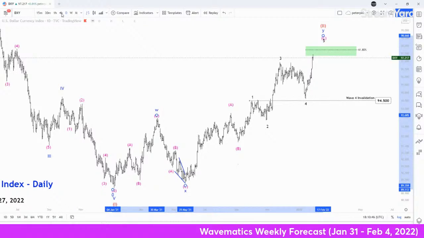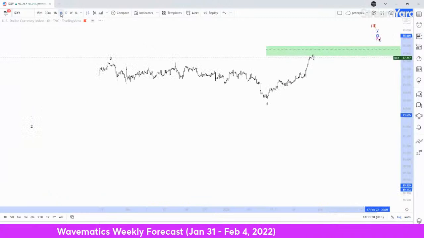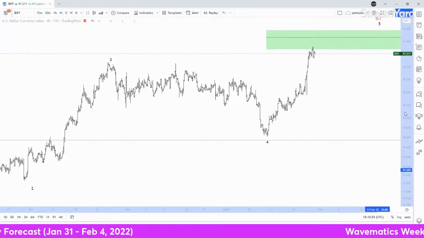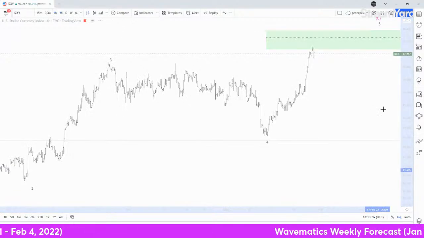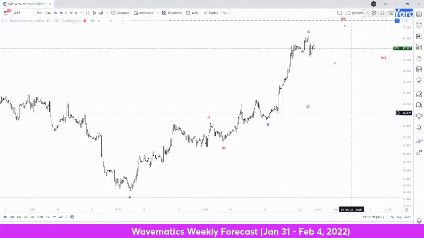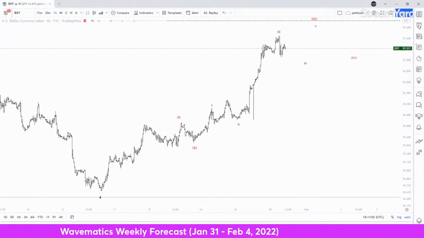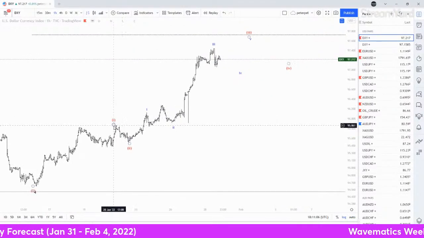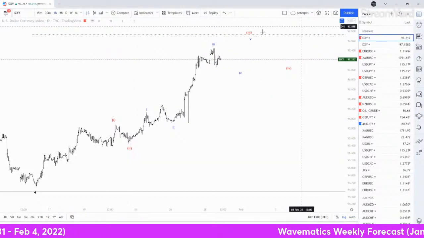If we go to the lower time frame, we are getting into the fifth zone that we've been looking at. So now let's come down to the lower time frames and look at how the wave count is going to look. We are anticipating a red wave 1, red wave 2, and a red wave 3.